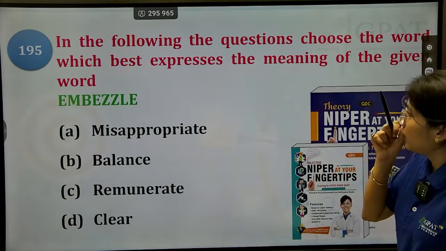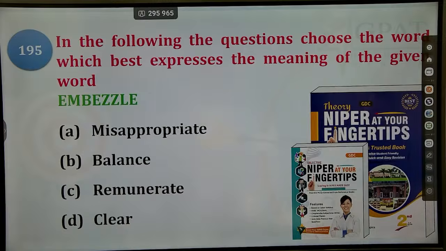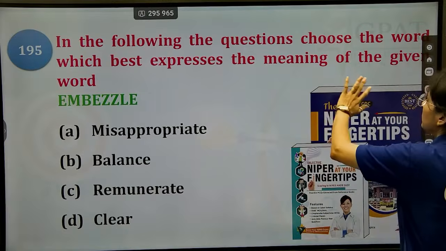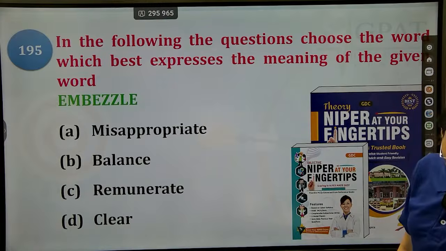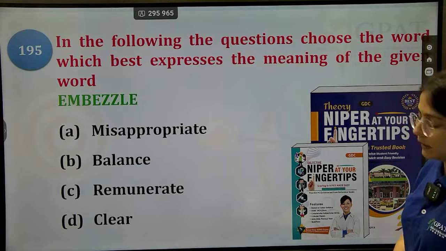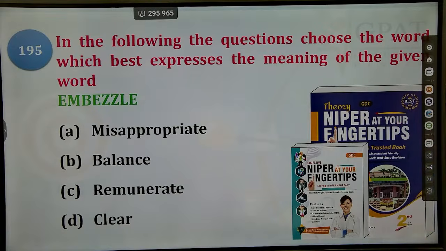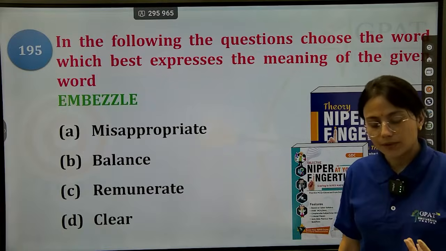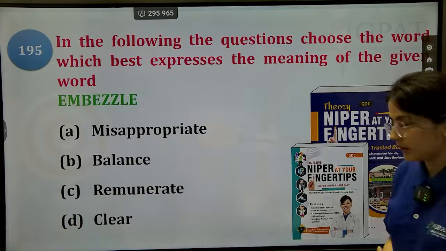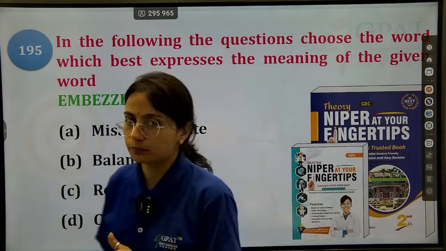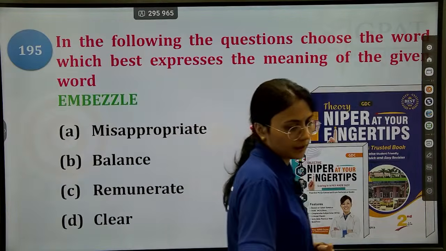Next, in the following question, choose the word which best expresses the meaning of the given word. Embezzle. So embezzle is to dishonestly take or steal money.